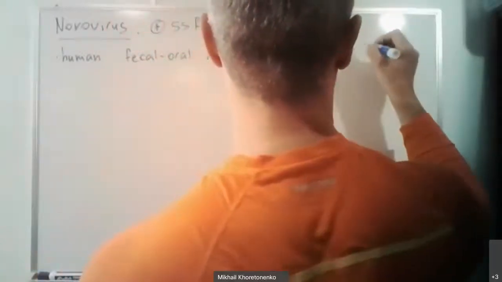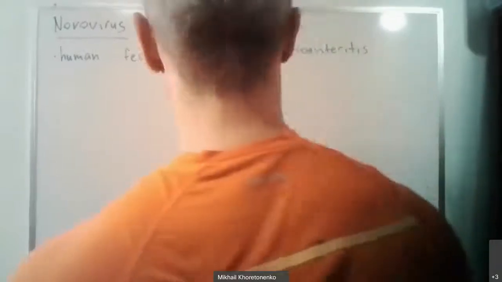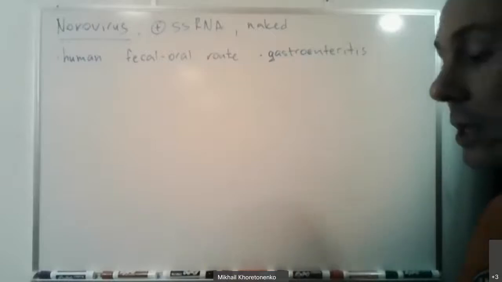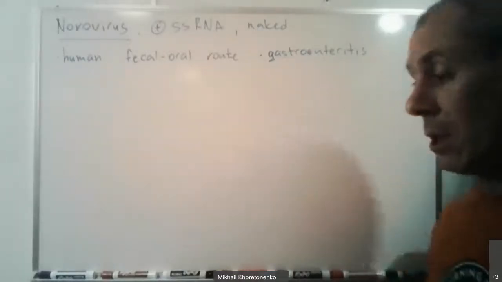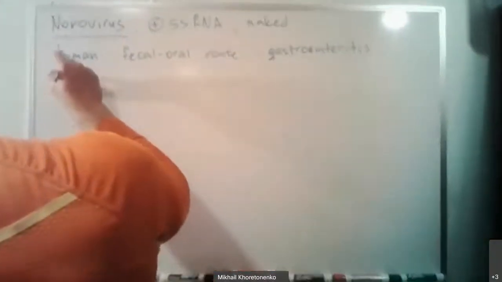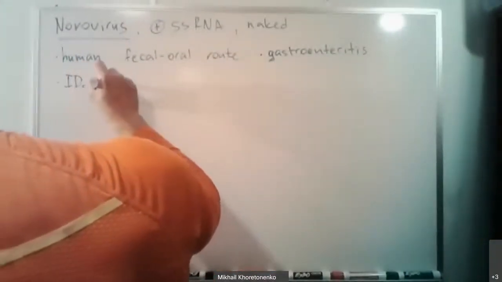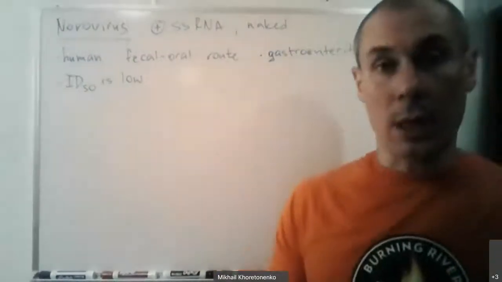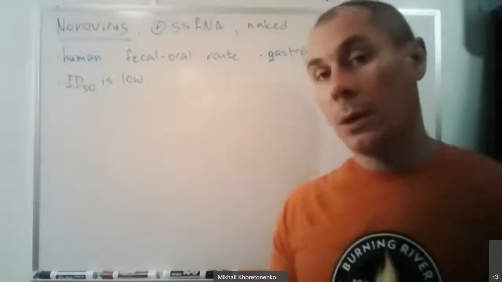It is the most common cause of infectious gastroenteritis in the United States. The virus is extremely contagious. The median infectious dose is low, so even 10 particles are enough to establish the infection.